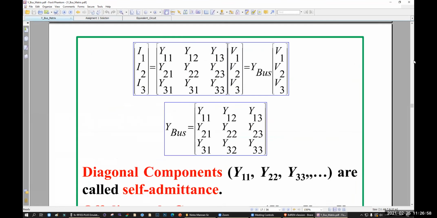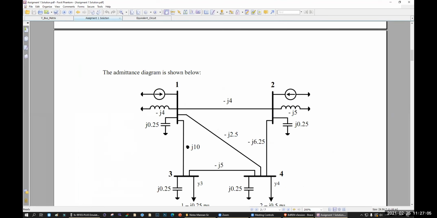Understood? Here the shunt admittance was given, but here shunt admittance was not given. Rather, it was given something like this. These are not mentioned, but these are given. If I do not ask about shunt admittance, you do not have to think. Come here and see.